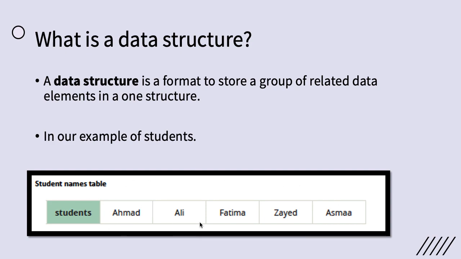Instead of creating 5 variables and putting the 5 names and then printing their names 5 times, there are more efficient ways: we create a data structure, and in this data structure we group all the names together in one line. And if you want to print it, you can print with one command. It will print all the 5 names.